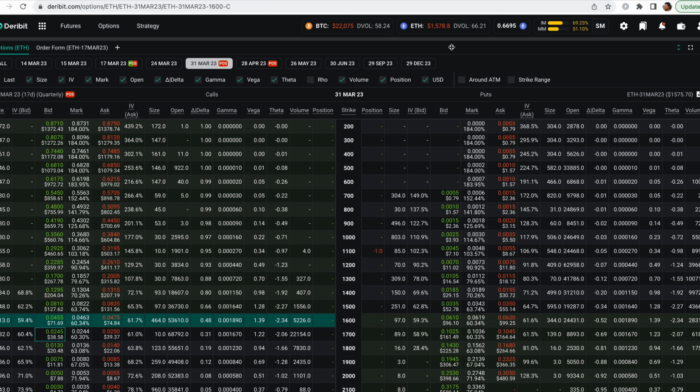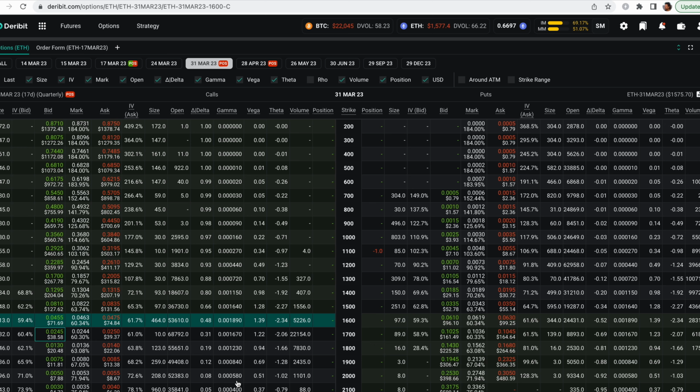The second thing that could happen is that the Ethereum price could go up above our strike price, let's say it could go to 2000. That would be about 400 above our strike price.